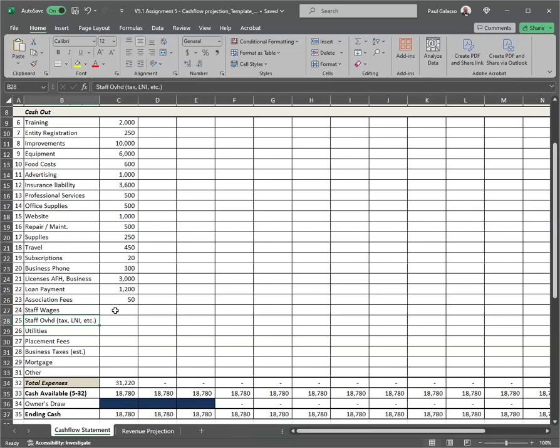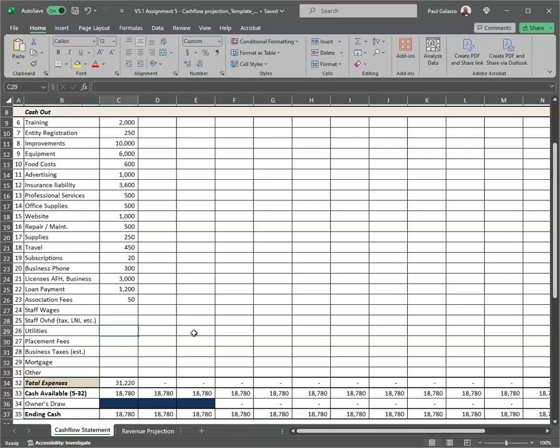Any time you pay staff wages, you're going to have to set aside about 30% of whatever you pay in staff wages for the staff overhead. So even though we're in startup, we're not going to set any of that money aside because we haven't got any residents that we need.